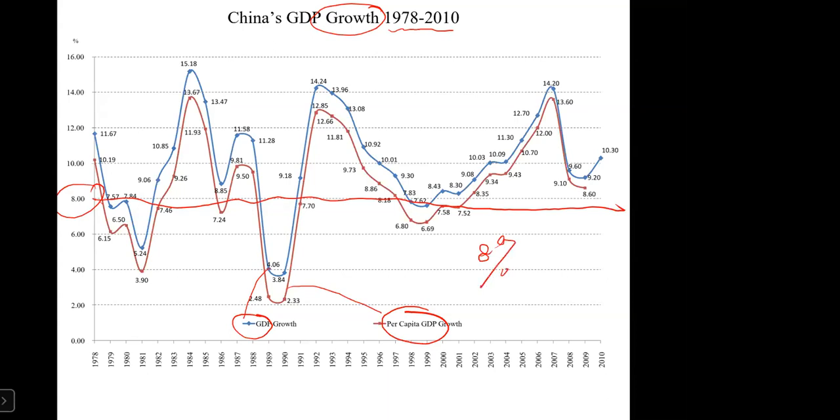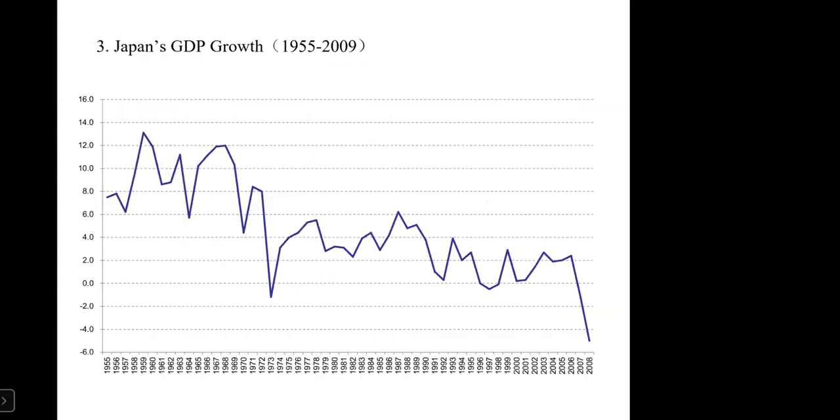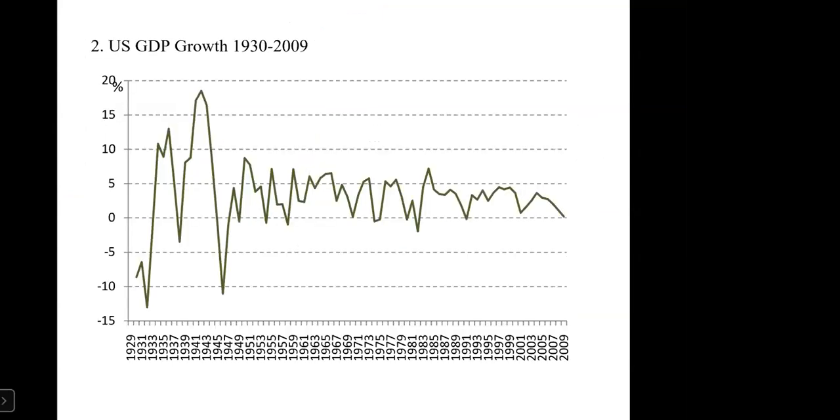There are only 1 or 2 years where they experienced some decline, like here, 1989 or 1980. But for the rest of the period, the growth was stable and significant, averaging more than 8%.